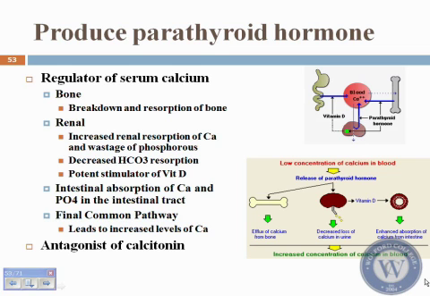The antagonist to this is calcitonin, and where's calcitonin produced at? It's not in the parathyroid, it's in the thyroid. Okay, remember we talked about the parafollicular cells? Parafollicular cells are the ones that produce calcitonin. They're located in the thyroid gland. Okay, so one is to pull calcium up, the other one is to pull it back down.